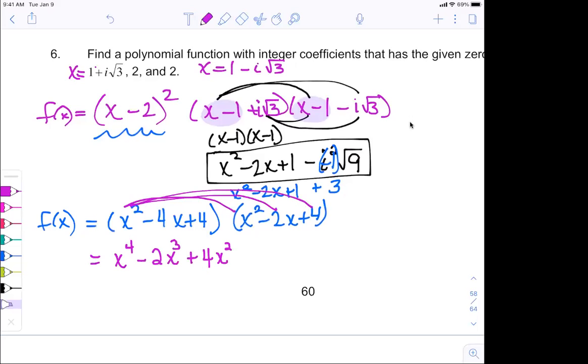And then you're going to take the negative 4x through, being really careful with your signs and powers. And then finally, I'm going to take that last 4 and distribute it through as well.